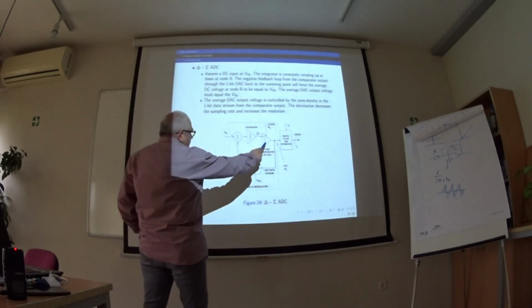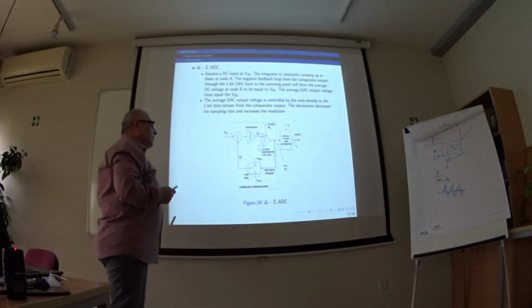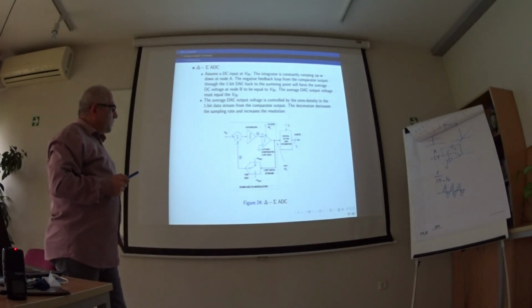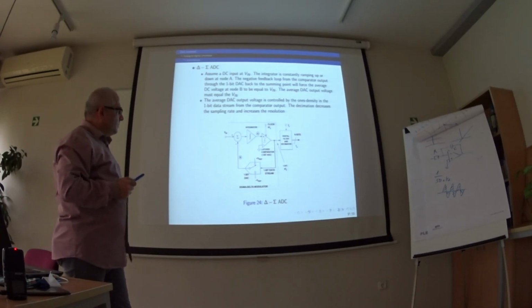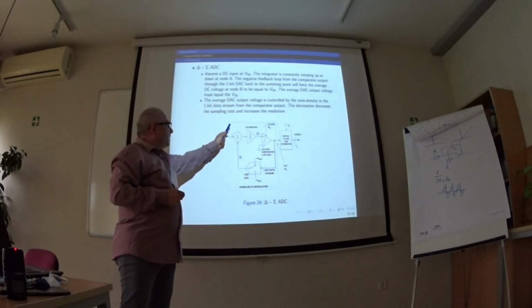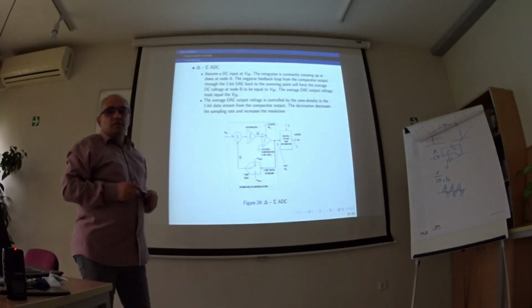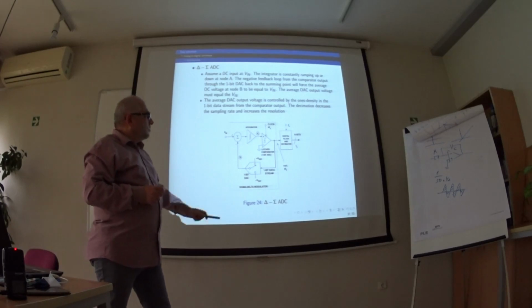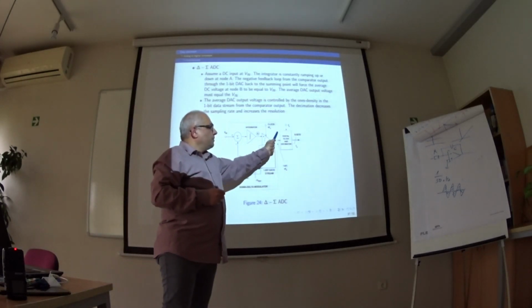We have here a stream of bits, and the number of ones in this stream is proportional to the input voltage. So we have very high speed, but just 1 bit resolution. We can increase the resolution with a digital filter and decimation.